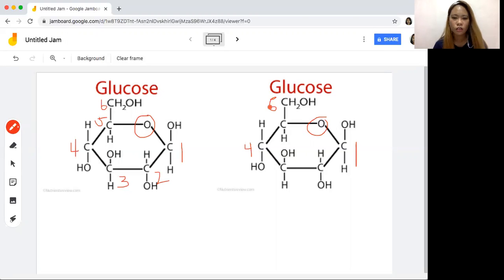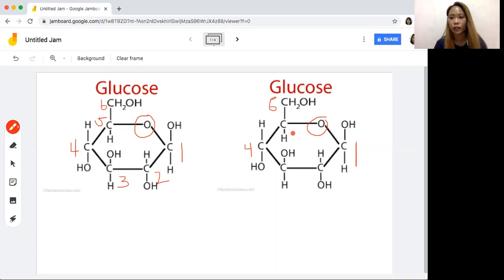The reason why I'm teaching you where carbon 1 is and where carbon 4 is, is because your glycosidic bonds are usually formed between carbon 1 and carbon 4, or sometimes between carbon 1 and carbon 6. So you need to identify where is 1, where is 4, and where is 6. For example, I have here one glucose molecule, and this is carbon 1.